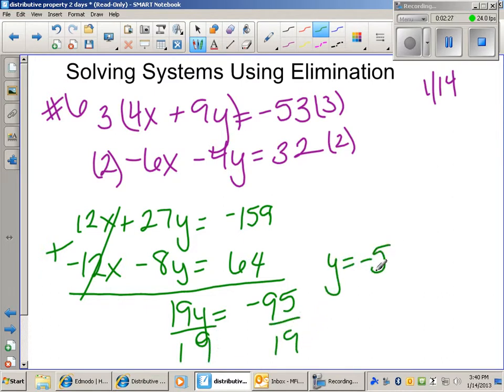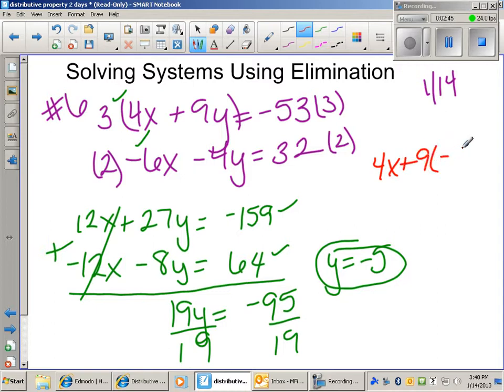So now that I know that y is equal to negative 5, I need to go find x. And I can use this equation, the original equations, any equation to find x. I'm going to use the top one at the very top of the screen. So I'm going to have 4x plus 9 times negative 5 is equal to negative 53. Oh, I'm almost out of room.